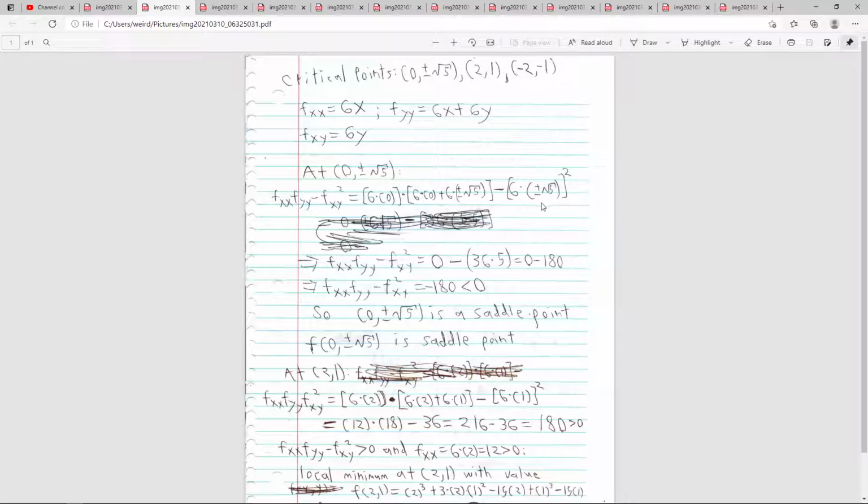When you square, you eliminate the negative, so both the positive and negative will be the same. So in the end, it's 36 times 5, because negative square root of 5 times negative square root of 5 is just 5, and the same thing for positive. So you get 0 minus 180, and that's negative. So that'll be a saddle point. Both positive and negative y values will lead to a saddle point.